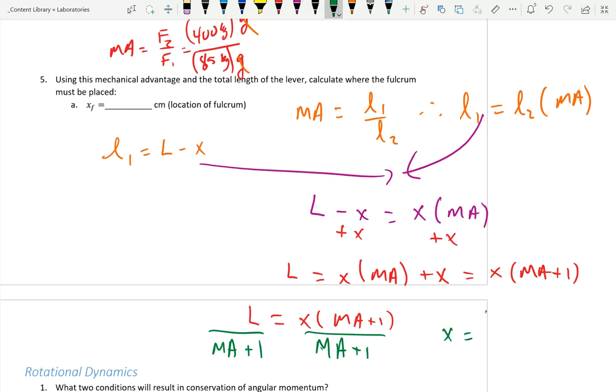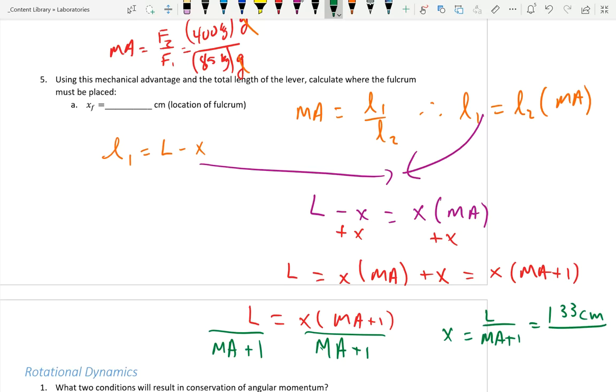So x is equal to L over MA plus 1. Putting in our numbers, 1.33 meters, or converting it to centimeters, what's 1.33 meters in centimeters? Yes.